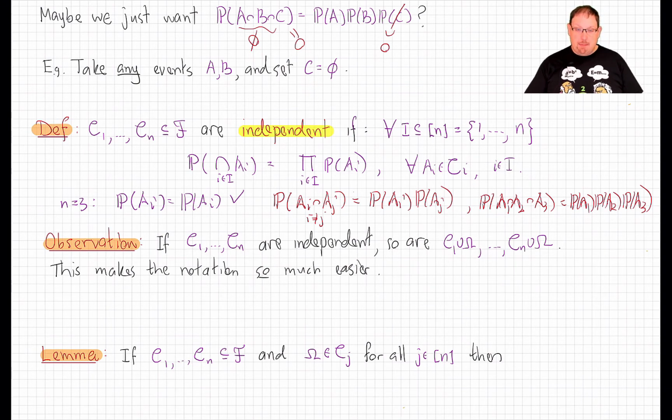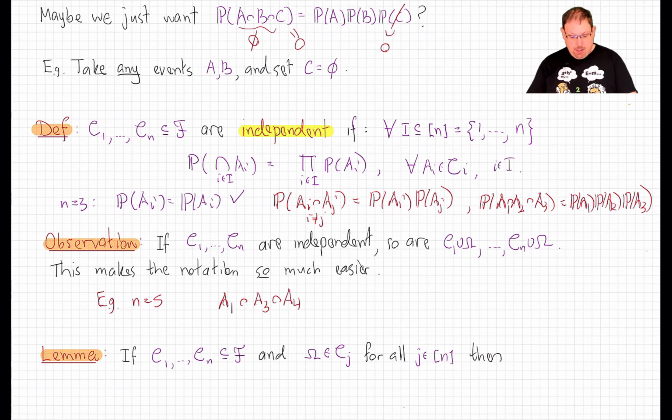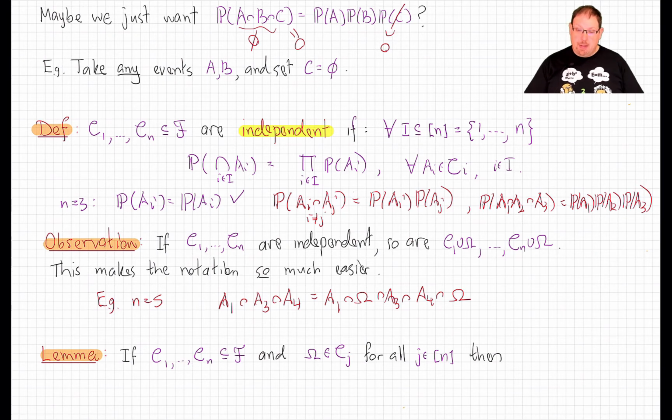Because, for example, if I had n equal to 5, here's one of the 3-element subsets we need to consider: A1 intersect A3 intersect A4. But I could just write that as A1 intersect the whole sample space, intersect A3, intersect A4, intersect the whole sample space.